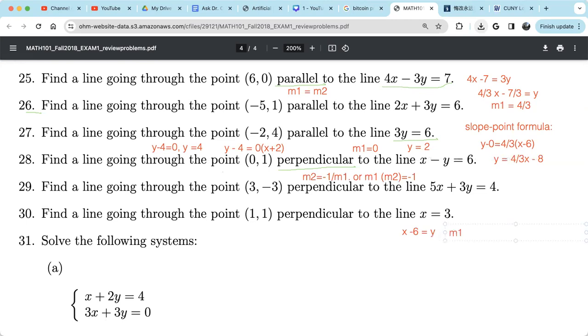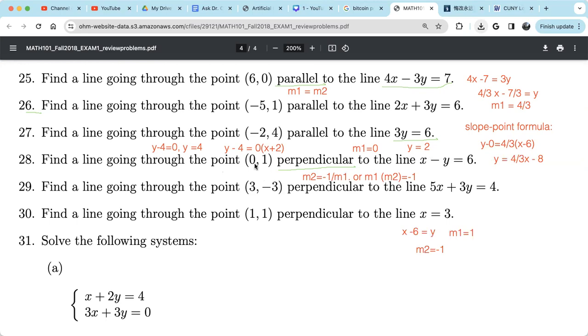M1 equals 1, because the number before x is just 1. If M1 is 1, what's M2? M2 is the opposite inverse: the opposite sign is negative, the inverse is 1 over 1, which is still 1. So M2 is negative 1.